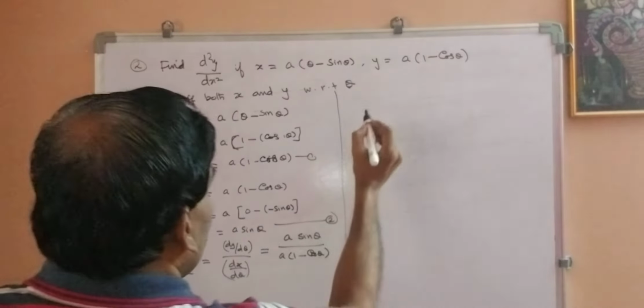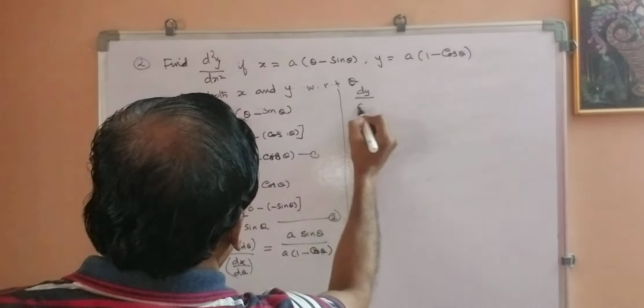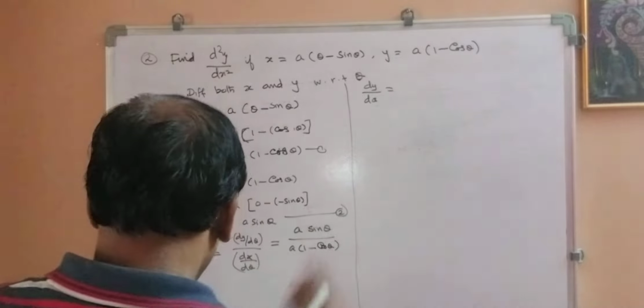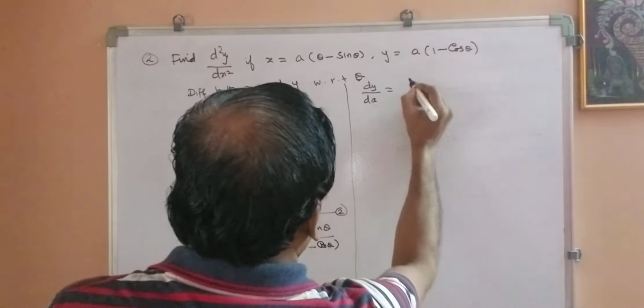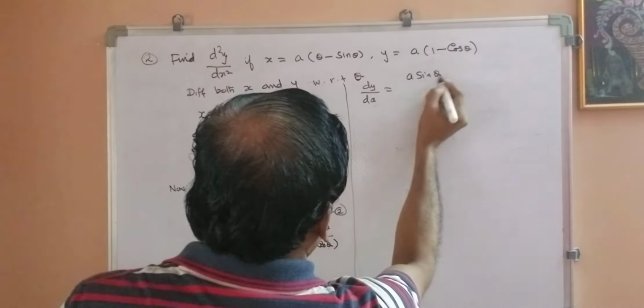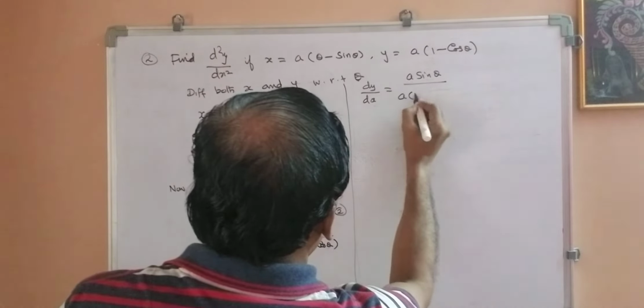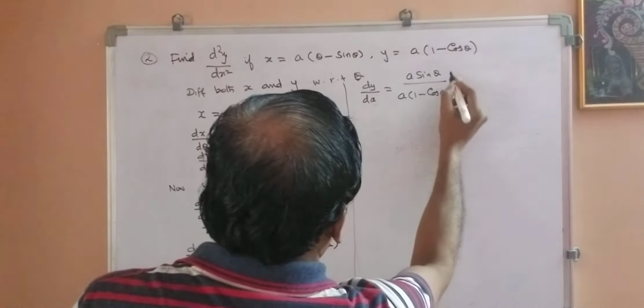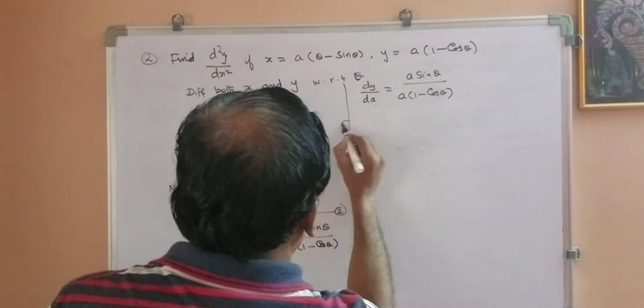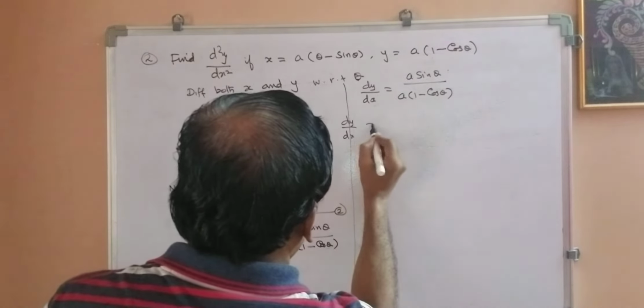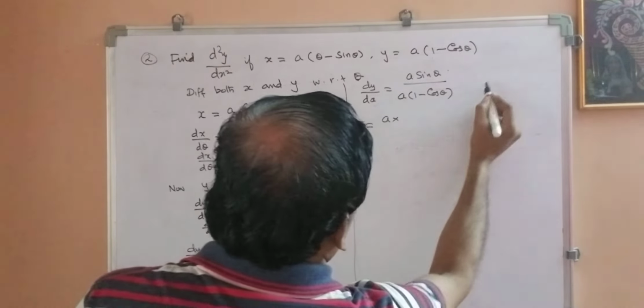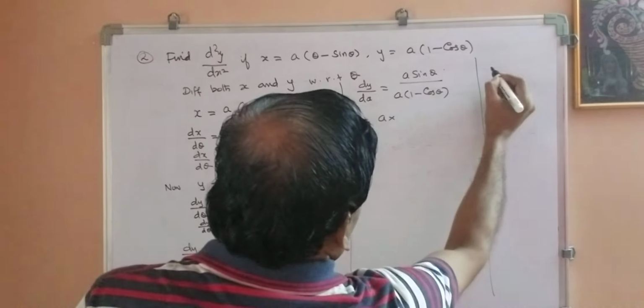Okay. Now dy by dx equal to a sin theta upon a into 1 minus cos theta. Now I will tell you what that is. I am going to use the sin 2 theta formula.